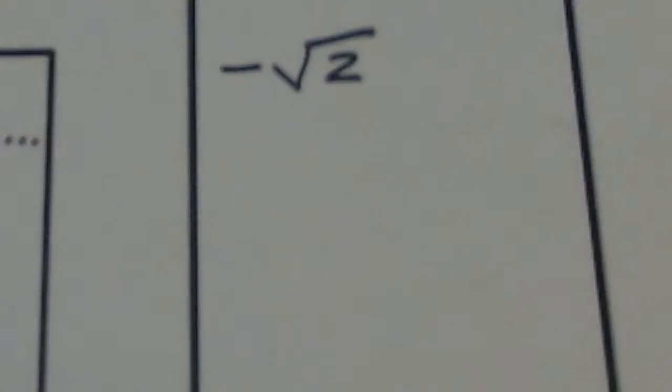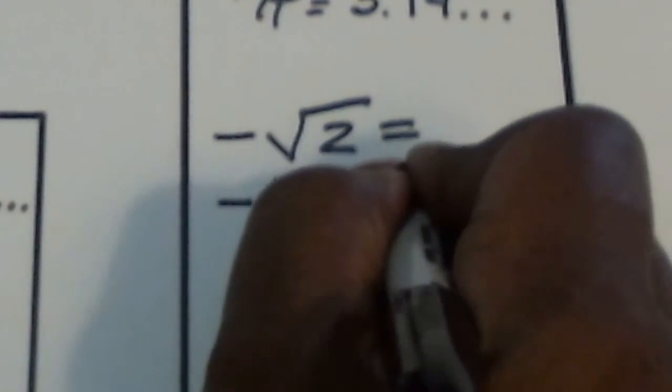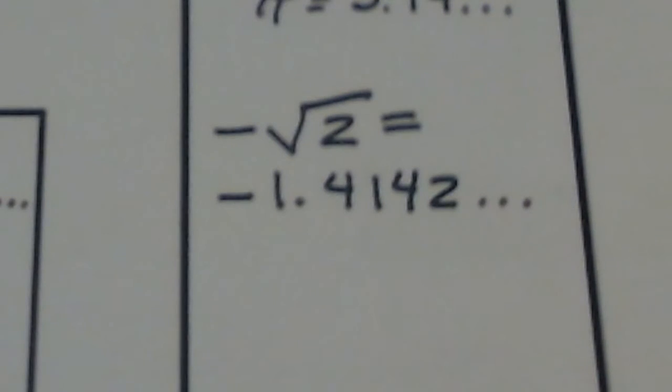Another example could be the negative square root of 2. We can write this as negative 1.4142, and it goes on indefinitely.